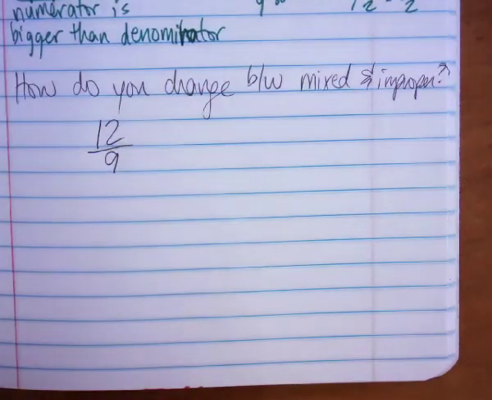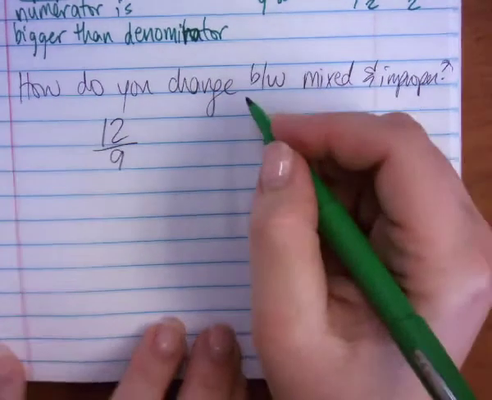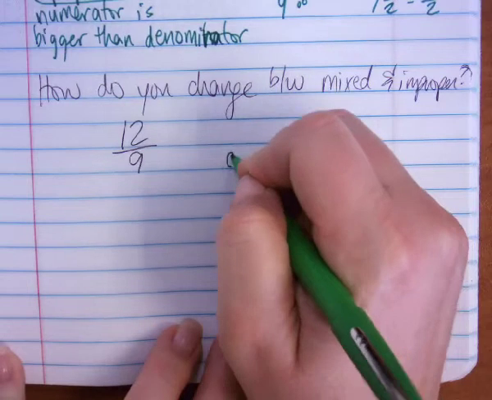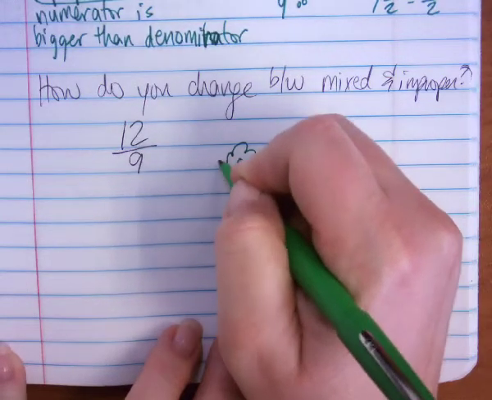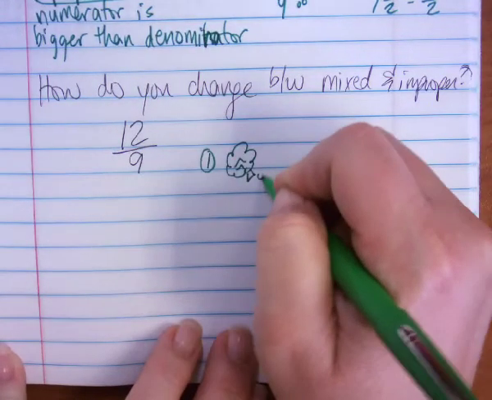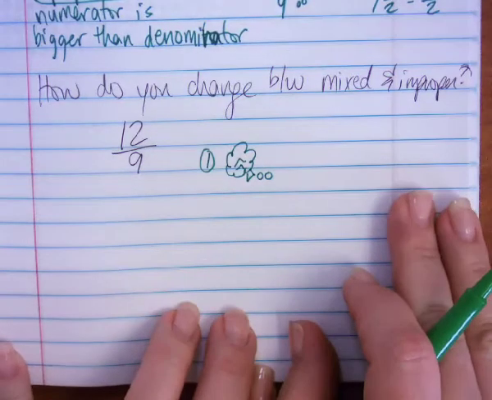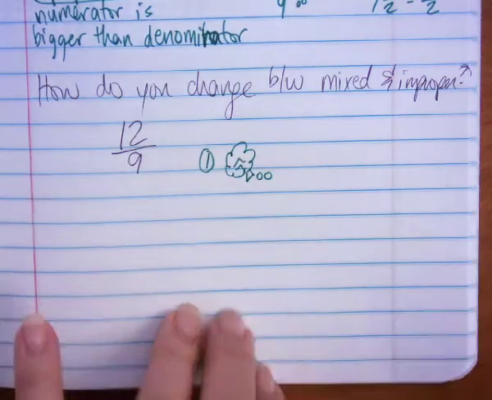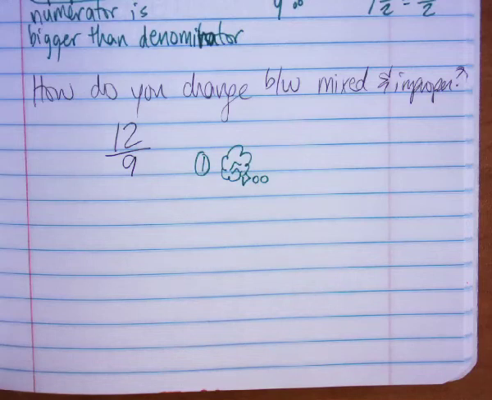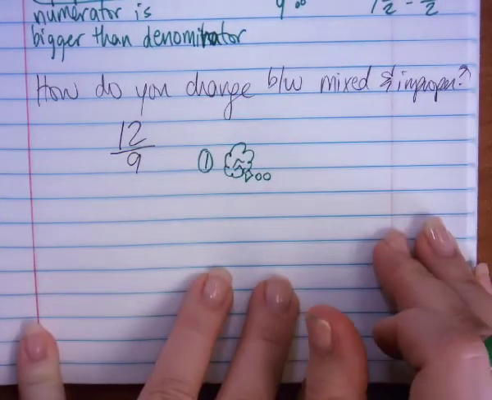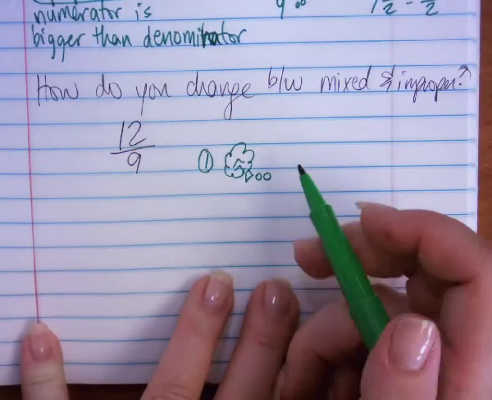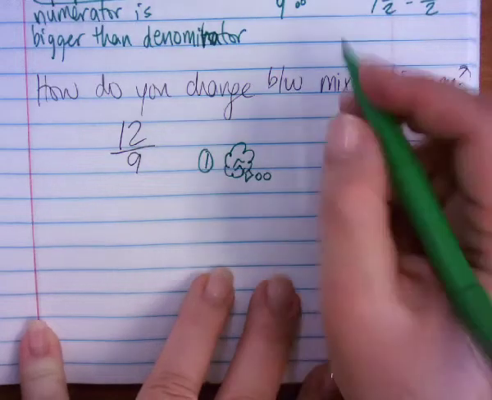All right, so I'm going to start with my green pen. So first of all, what's your plan going to be for your game? All right, so first thing I'm thinking of is how many times can my denominator go into my numerator?